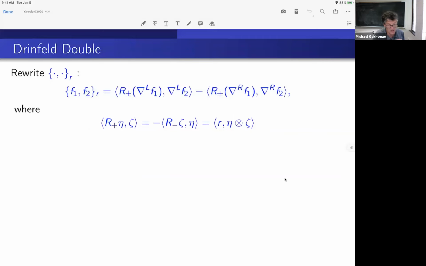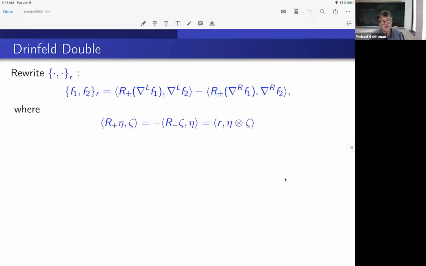So what is R here? The data that I discussed on the previous slide defines a solution of the classical Yang-Baxter equation. Then, given a solution of the classical Yang-Baxter equation, one writes down this Poisson bracket explicitly, which I am showing on this slide. So what is this Poisson bracket?